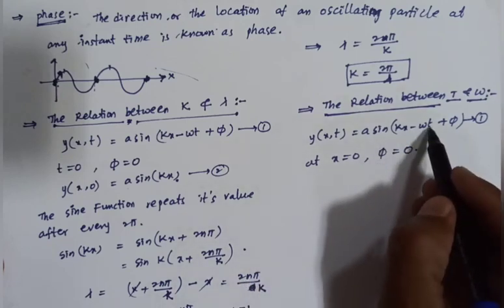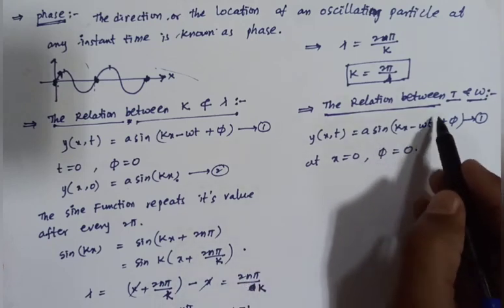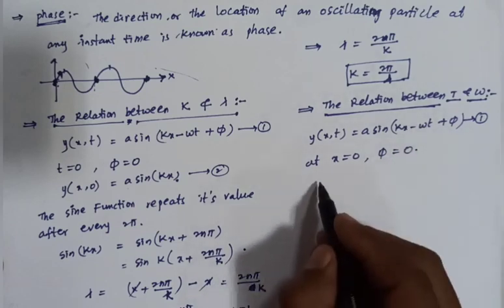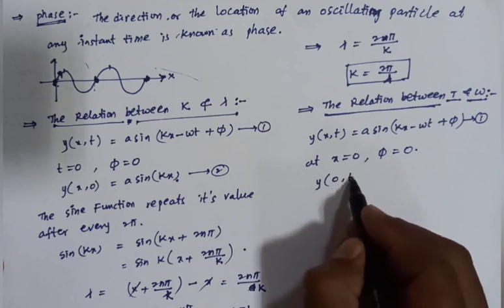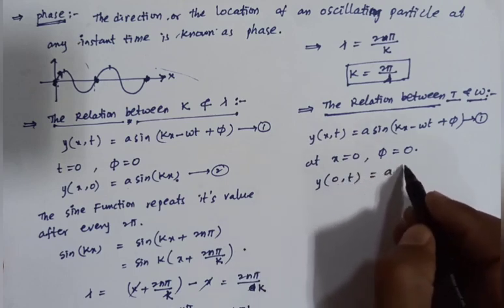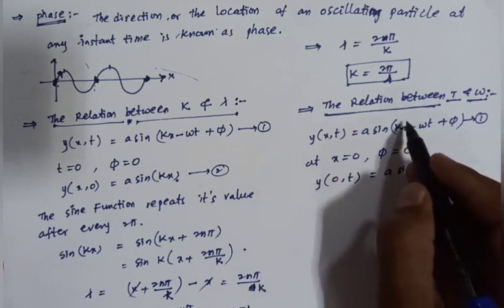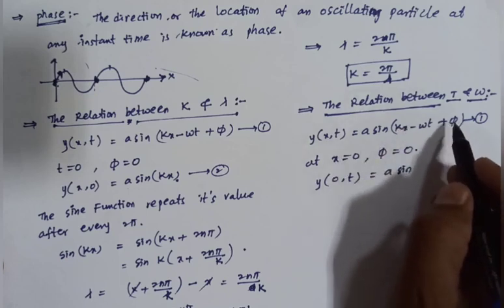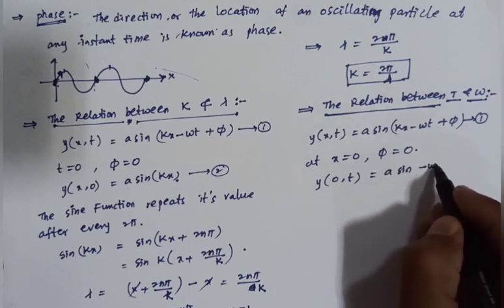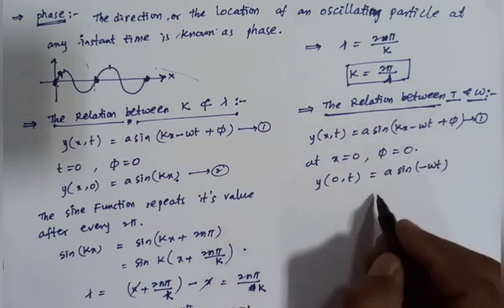So we consider only time t at an instant. y(0, t) equals a sin(k into 0, which is 0, and phi equals 0, so minus omega t).